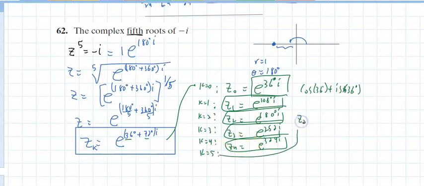I'll get z sub 5 to equal e to another 72, that is 396 degrees i, and if I take 396 degrees, subtract 360 degrees, I'll notice that this is 36 degrees. You start repeating yourself.